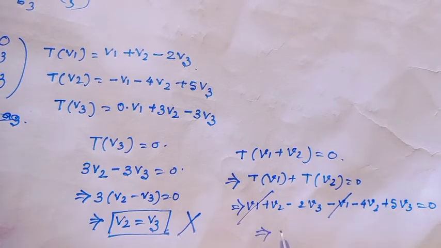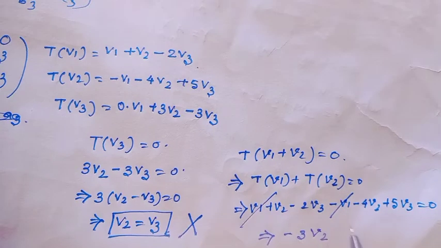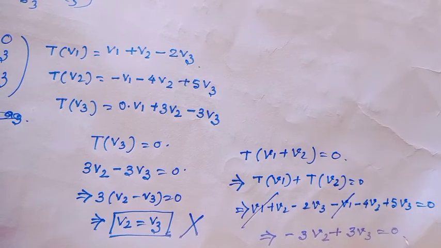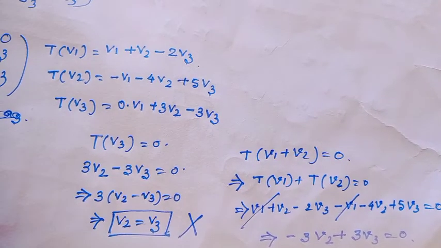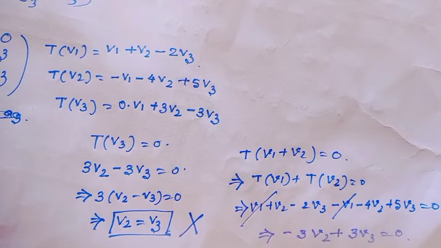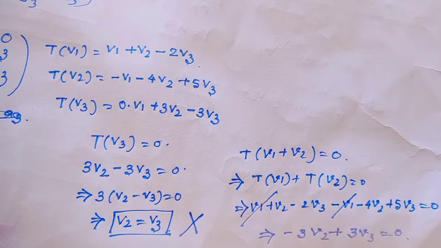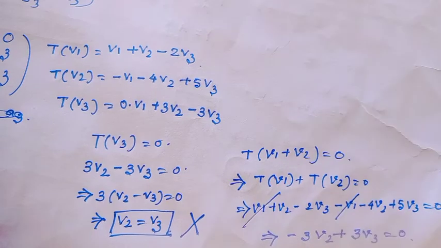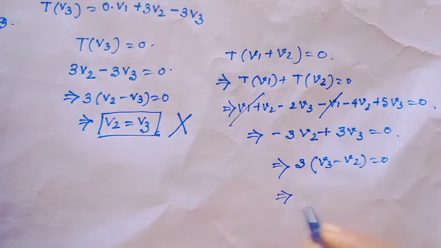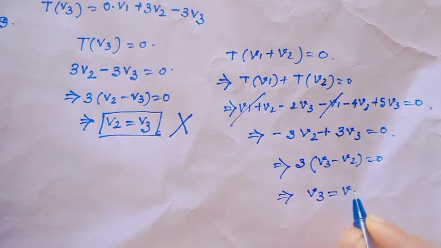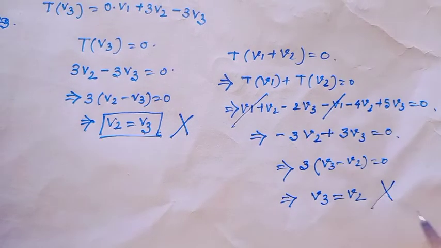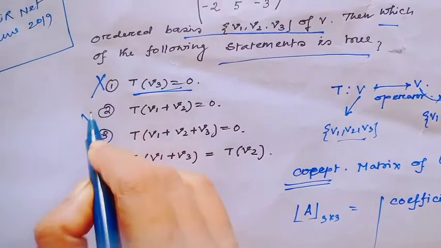Then minus 3v2 plus 3v3 equals 0, and this is similar to the first option. That implies 3 times (v3 minus v2) equals 0, which means v3 equals v2. This is the same as the first option and is not possible. So option 2 is also a wrong option.